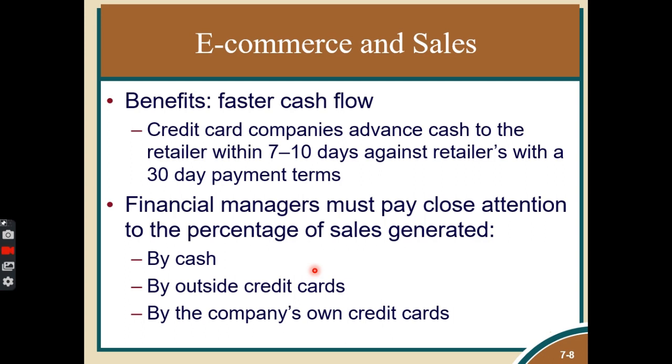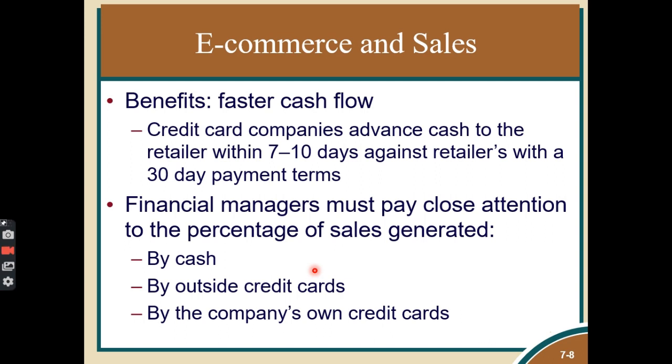An example would be credit card transactions. If we sell our goods and the payment is made in the form of credit cards, credit card companies will advance the cash to us as the retailer within 7 to 10 days.